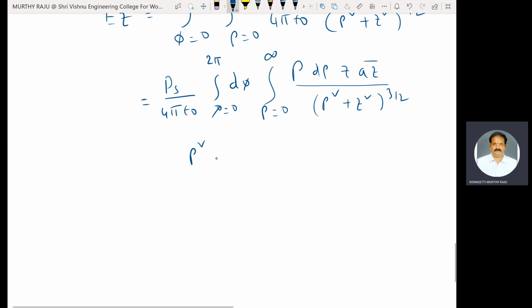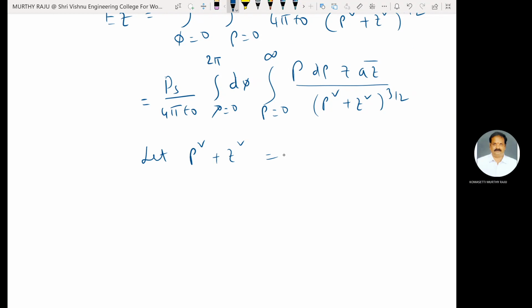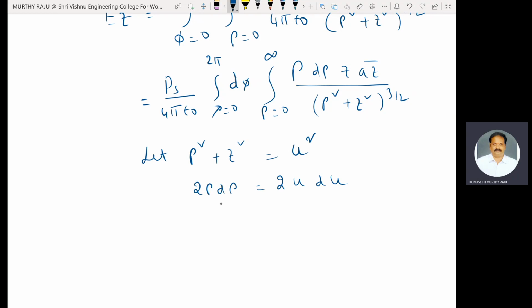Let rho square plus z square be equal to u square. Differentiating with respect to rho, 2 rho d rho is equal to 2u du.